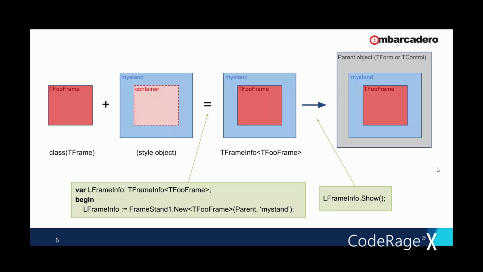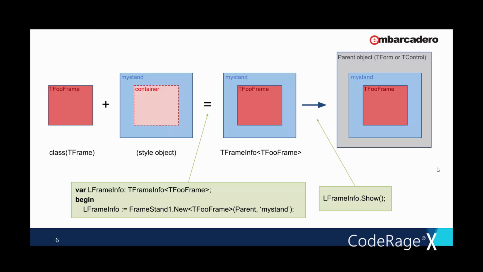I built this schema. That means you have your TFrame descendant classes, you have your stand, and you ask TFrameStand to combine these two items into a composition that I will call the FrameStand, meaning the stand with its frame attached.